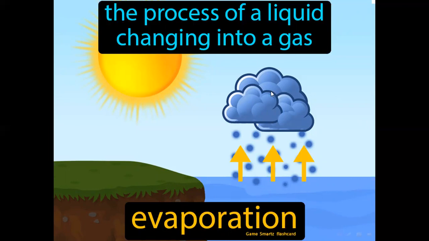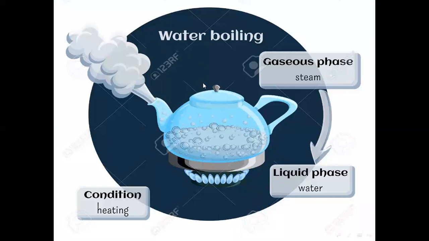Clouds are in the form of gas. When water starts boiling by heating, the liquid phase converts into the gaseous phase. Boiling water converts into steam, which means the gaseous phase.